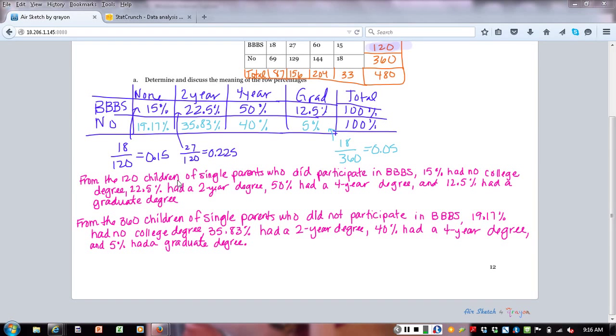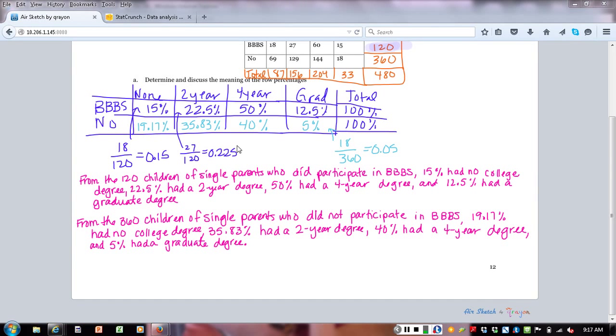So our 120 children of single parents who did participate in our Big Brothers Big Sisters program, 15% had no college degree, 22.5% had a 2-year degree, 50% had a 4-year degree, and 12.5% had a graduate degree. And then a very similar interpretation there for the second row where they did not participate in Big Brothers Big Sisters.